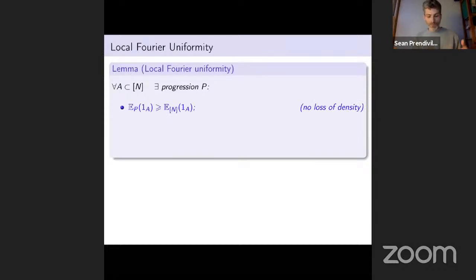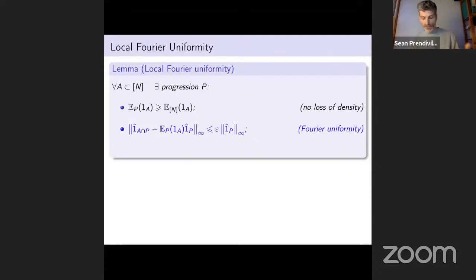Our set A is as dense on the progression as it is on the global interval. This notation here I'm using for the density of my set A on the progression. So I've not lost density by passing to the progression.